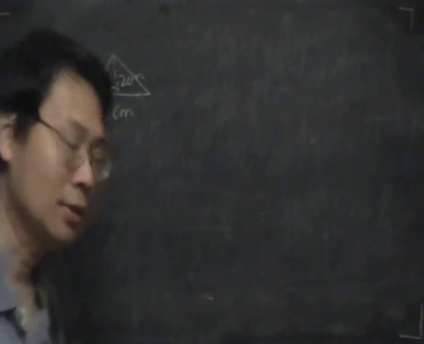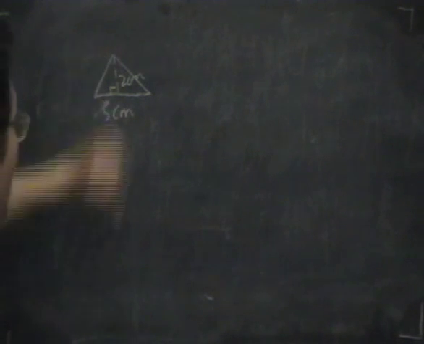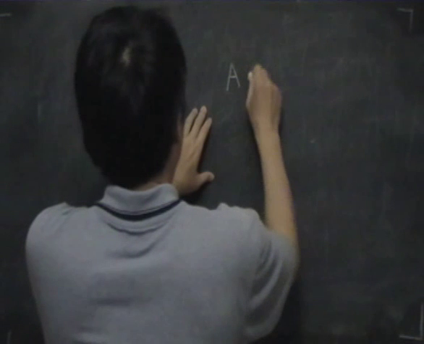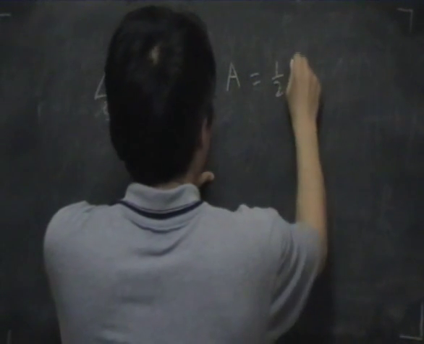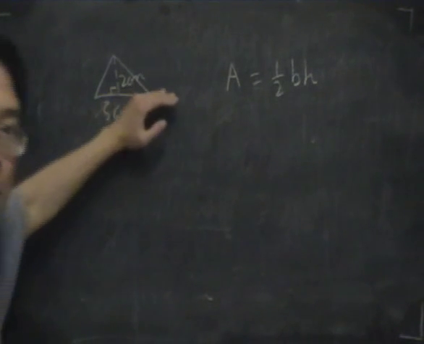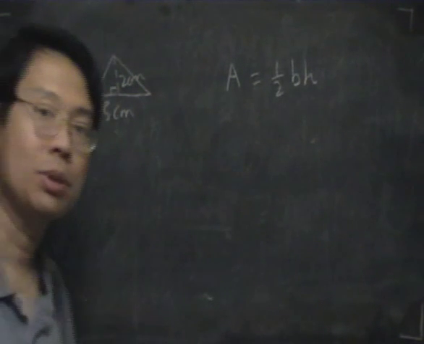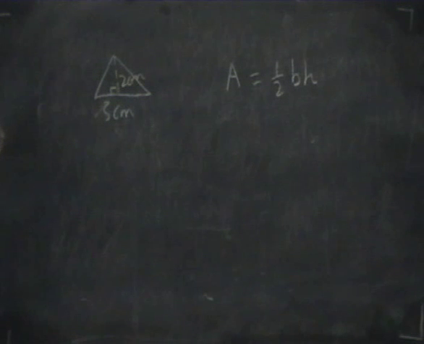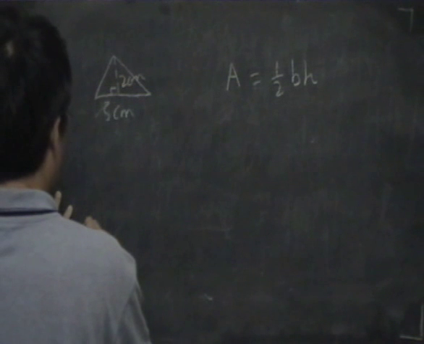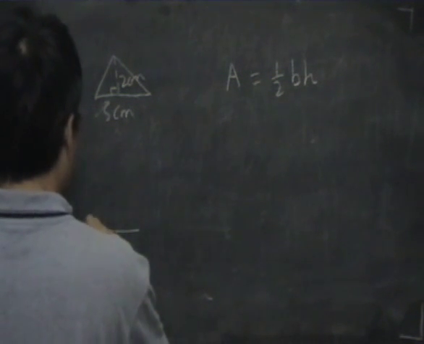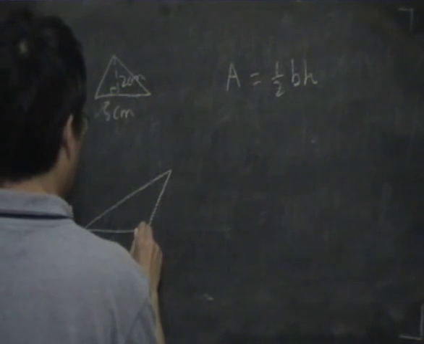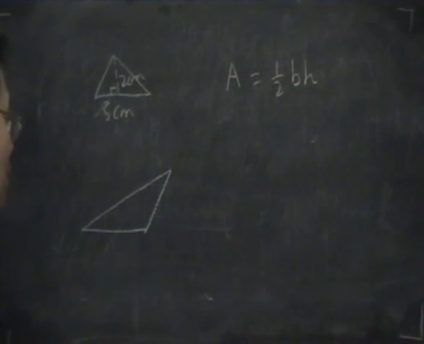We have seen that if I have a triangle like that, I can find the area using this formula, half base times height. So half of 3 centimeters times 2 centimeters. Okay, so that's okay. Now, what if I have a triangle that looks like that?